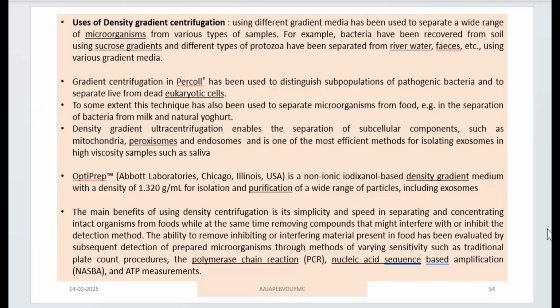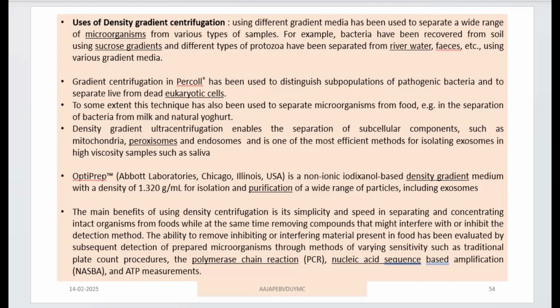So when you talk about any of these density gradient materials and density gradient centrifugation, the use is that it is very simple, high speed, with good separation, and intact organisms or intact materials without any damage to the material under separation. That is very important.